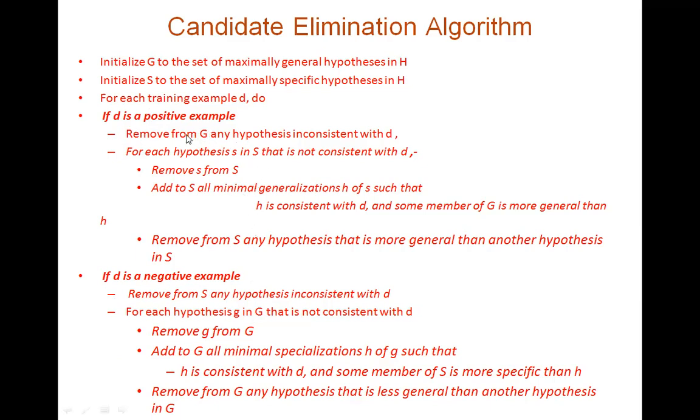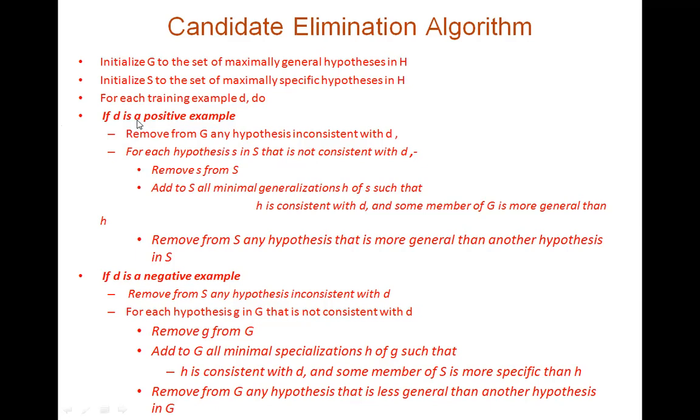So if D is positive, what are the things we are going to do? Remove from G any hypothesis inconsistent with D. Any hypothesis that is inconsistent, you remove it from G. If it is not there, then go to the S boundary, and if there are any inconsistent hypotheses, you remove them. And then add a new hypothesis which is consistent with that particular training example, if D is a positive example.